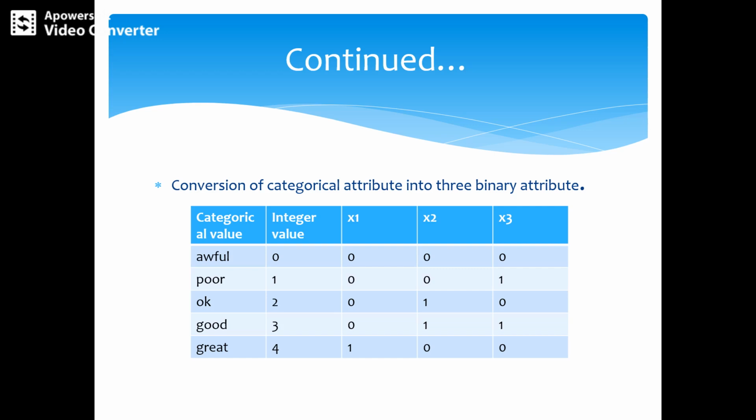So this is the case of discretization of a continuous attribute. Then there is unsupervised discretization.